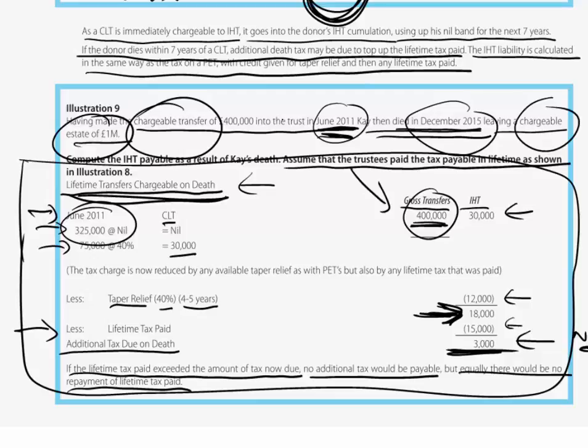PET, only relevant for the lifetime transfers chargeable on death. So understand where these transfers go in terms of the computations for IHT, either done in lifetime or then also done on death. Revise through, please, and then we'll go into and deal with those exemptions in moving from transfer of value down to chargeable transfer in our next session together.